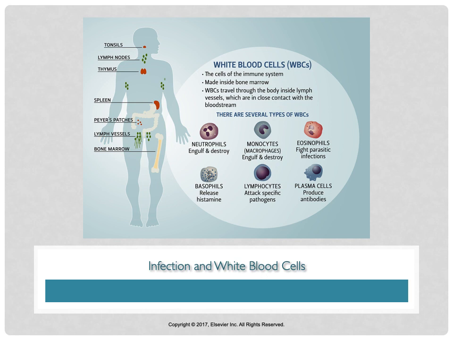Lymphocytes attack specific pathogens depending on how that pathogen attacks the body. Monocytes or macrophages engulf and destroy similarly to the neutrophils, and eosinophils fight parasitic infections.